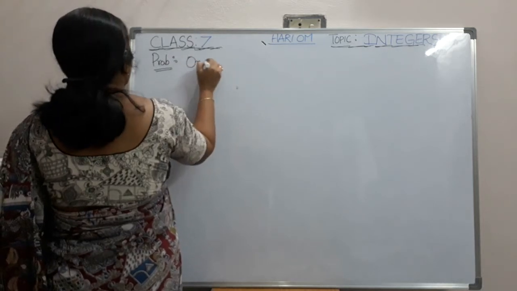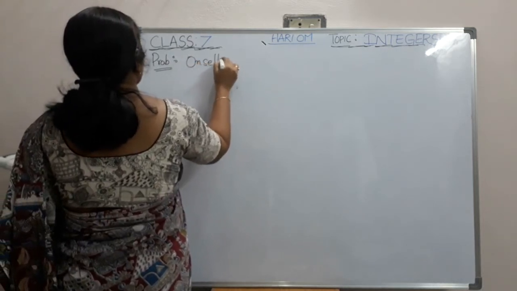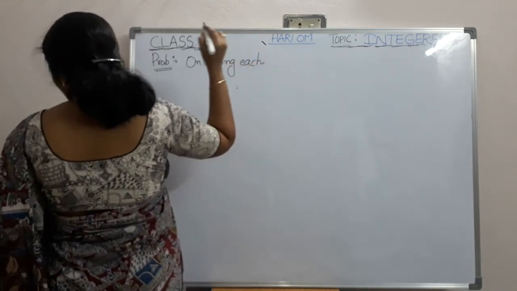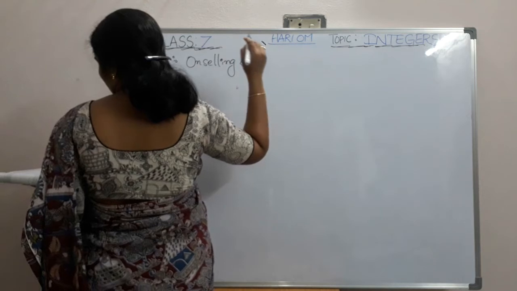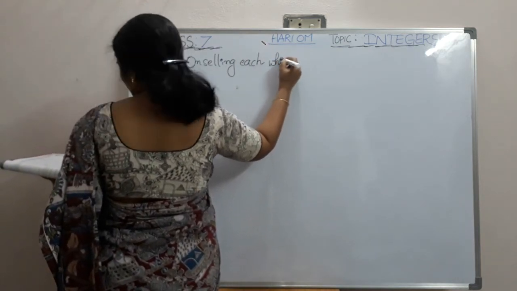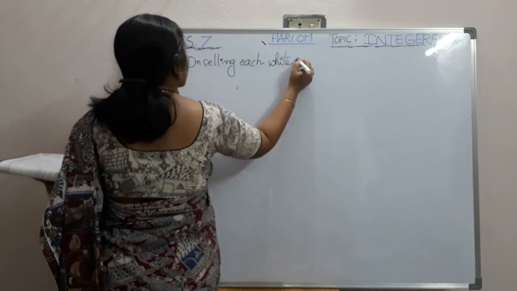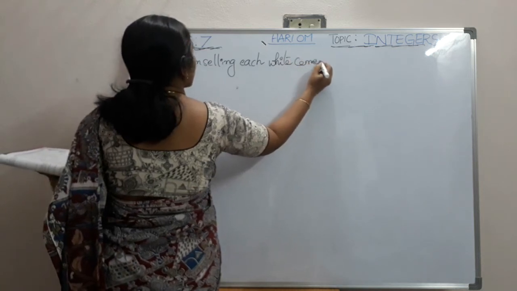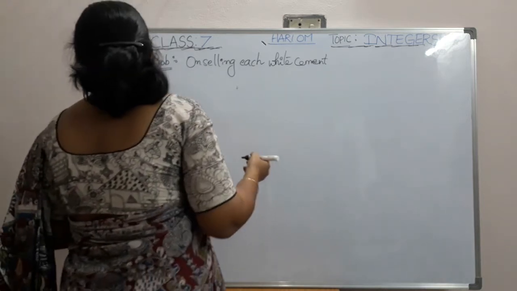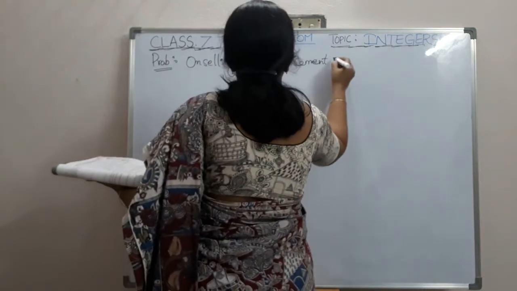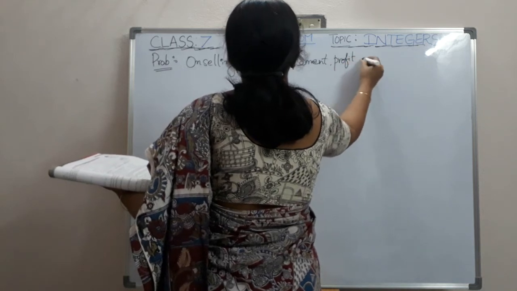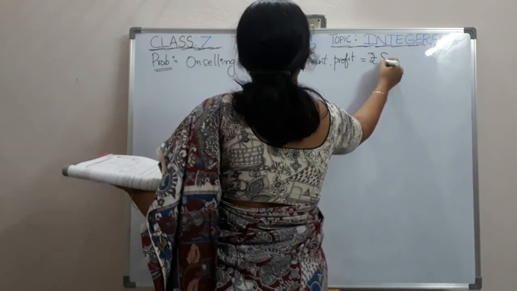On selling each white cement bag, profit is equal to rupees 8.